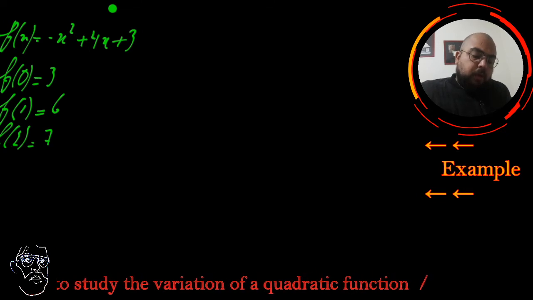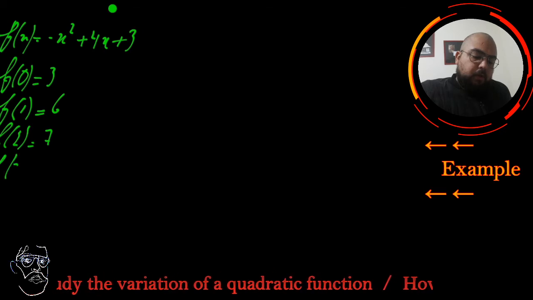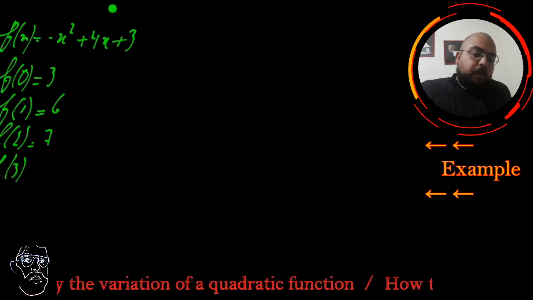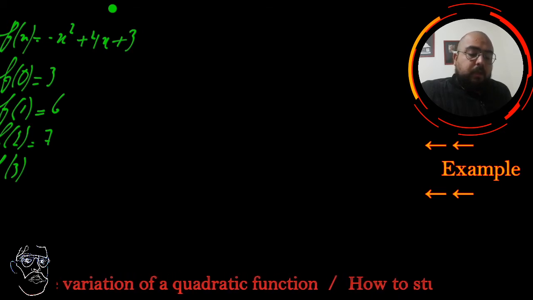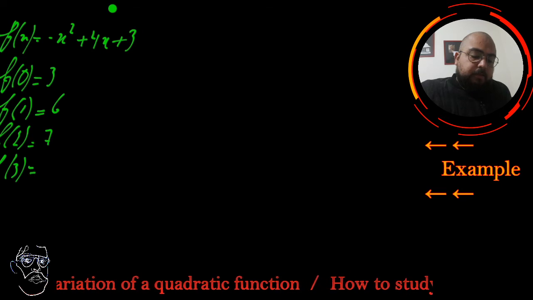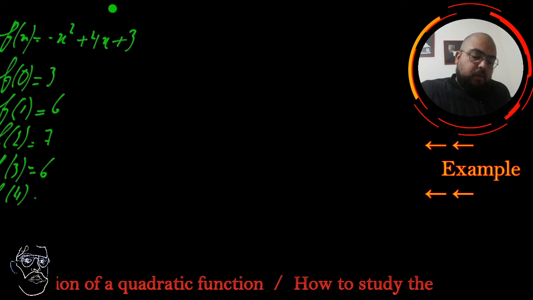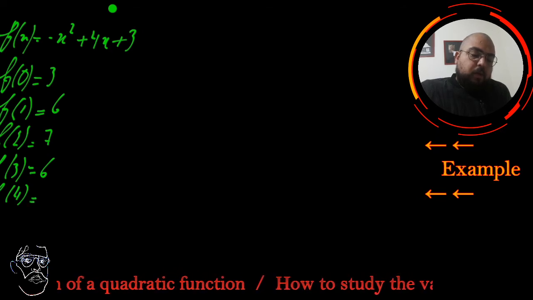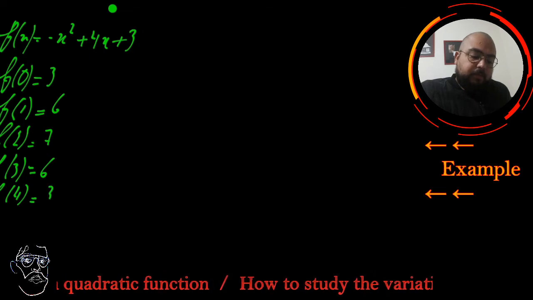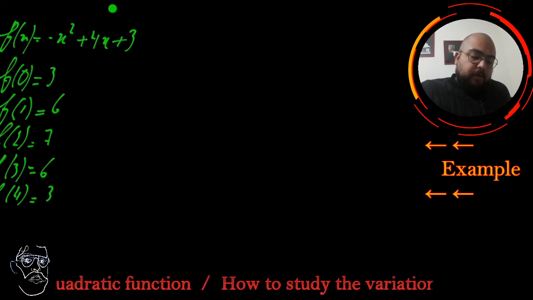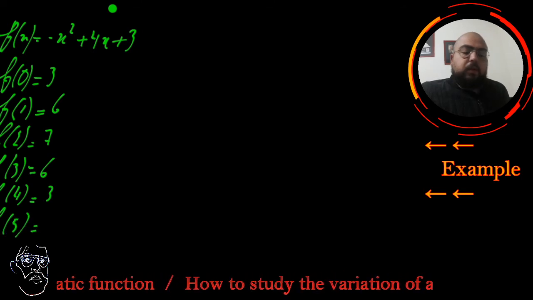We had already done this value. F of 3 will be 12 plus 3, so it's 15, minus 9, it's 6. F of 4 will be 16 plus 3, it's 19, minus 16, it's 3. F of 5, so as you can see, it's on the positive side.